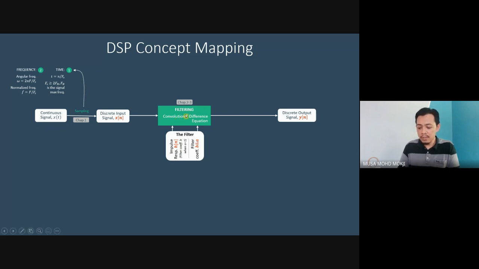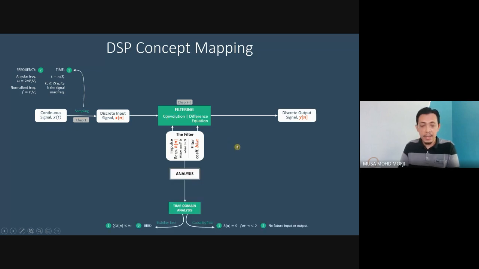If the impulse response is infinite impulse response, you cannot do convolution, so you only have one option, which is to solve the difference equation. For FIR, you have two options: either do the convolution or solve the difference equation. Because an LTI system can be represented by either a difference equation or impulse response. Convolution is only for FIR.